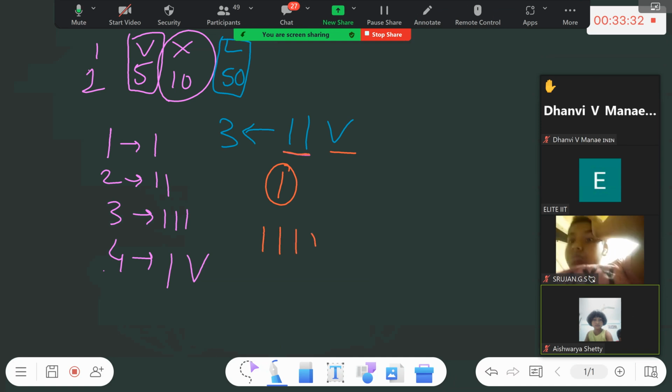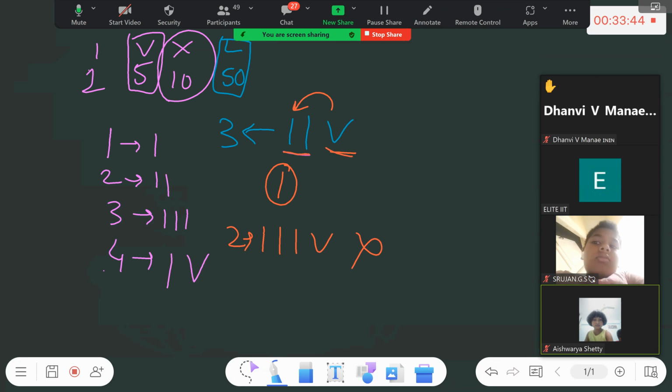Similarly, for 2 also you cannot write it like this. This is wrong. V is bigger than I. So on the left side of a bigger Roman numeral, you cannot write a smaller Roman numeral more than once. And on the right hand side, you cannot write more than 3 times.